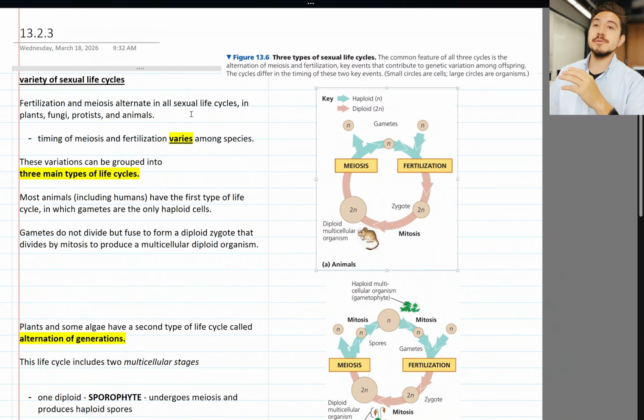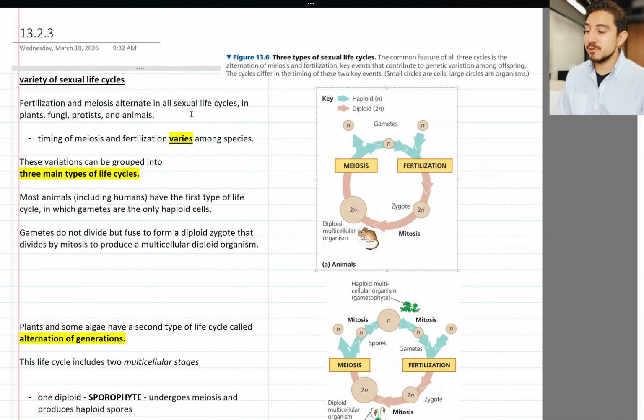Now, different organisms have different ways to do this process, so there's a variety of sexual life cycles. But ultimately, you have two things occurring. Meiosis produces haploid cells, which undergo fertilization to produce a diploid individual, and then it goes back to meiosis in a cycle.